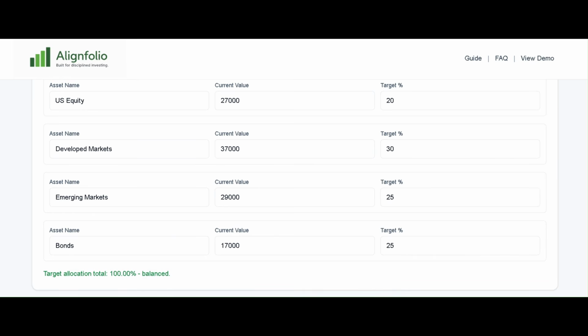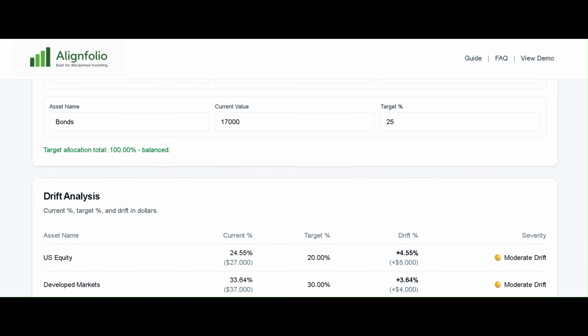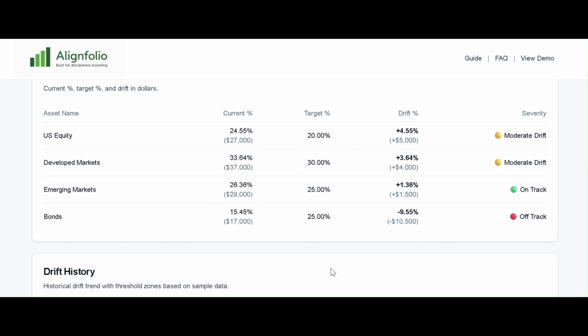At this point, we can compare the current allocation against the original target allocation. Over time, some asset classes grow faster than others, and eventually, the portfolio slowly drifts away from its original target allocation and risk profile. In this example, U.S. equity has become overweight relative to its target allocation. Developed markets are also overweight.